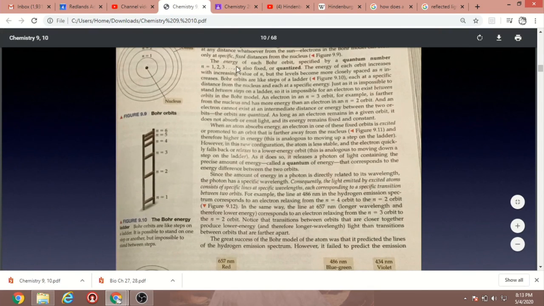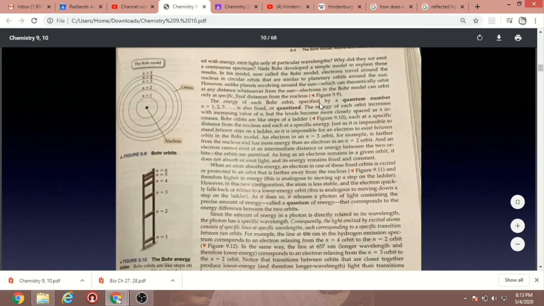So the energy of each Bohr orbit is specified by a quantum number, which we'll call 1, 2, or 3, and those are fixed. They're quantized. They're not changing. And the energy of each orbit increases with increasing value of n, remember?